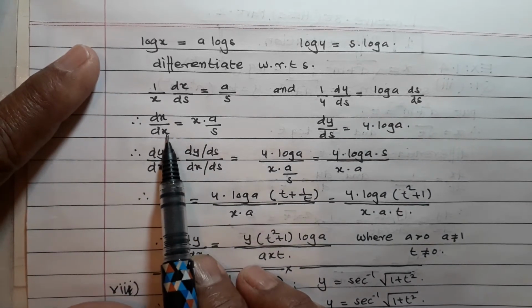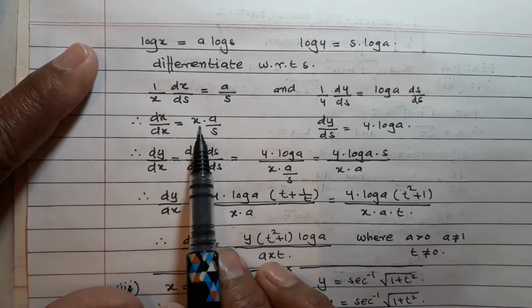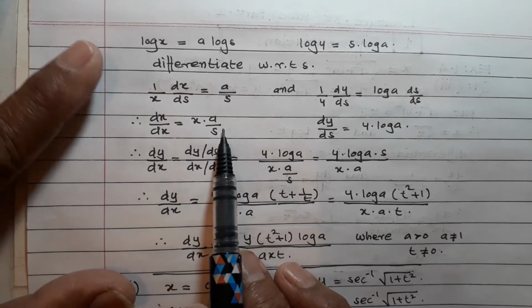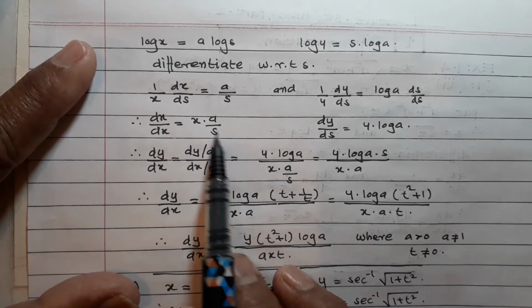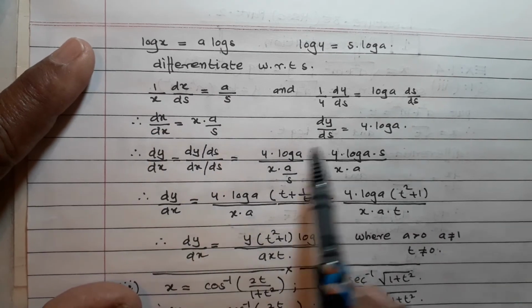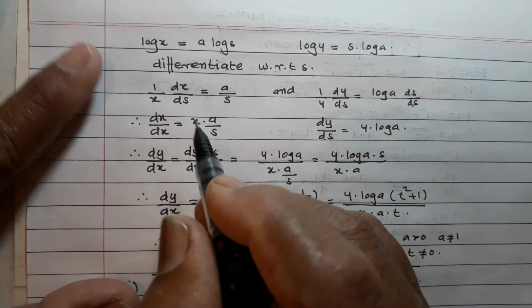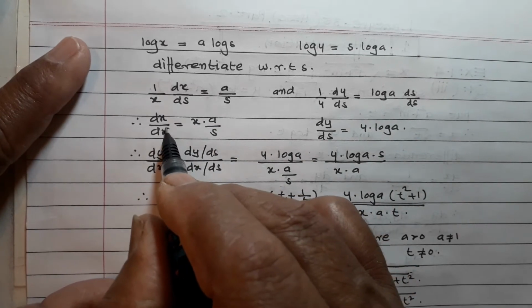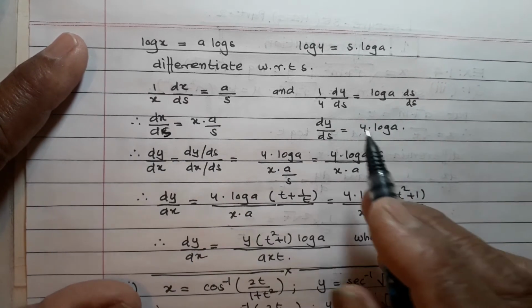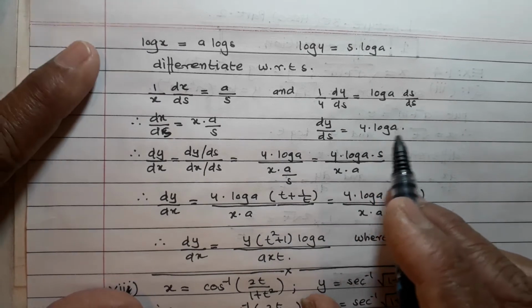dx/ds is equal to x into a upon s. This x you transfer on this side, and dy/ds is equal to y log a.